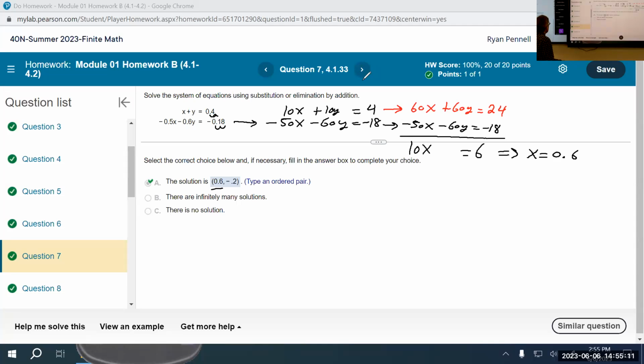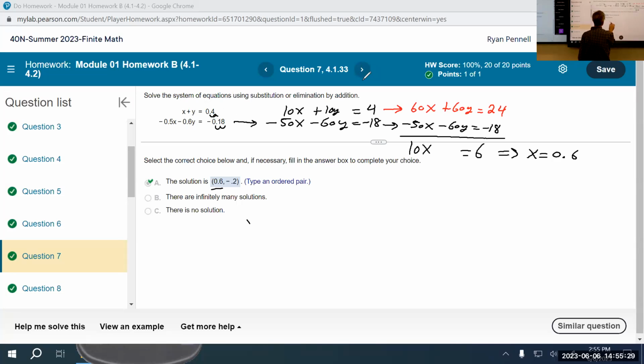Now we know what x is, we can solve for y. I'm going to look at the simplest equation I could plug that into. I think the first one is the simpler one, so that's the one I'm going to use.